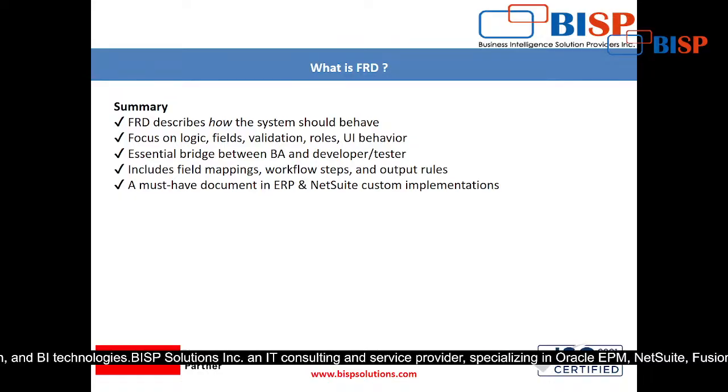Essential bridge between the BA and the developer and tester. Now see, BRD is the bridge between the client and the business analyst, and FRD is the bridge between the business analyst and the technical team.